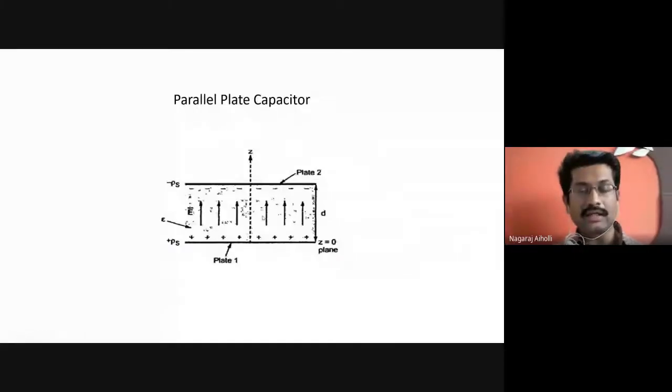I am getting the equation E1 bar is equal to rho s by 2 epsilon AZ bar volt per meter.